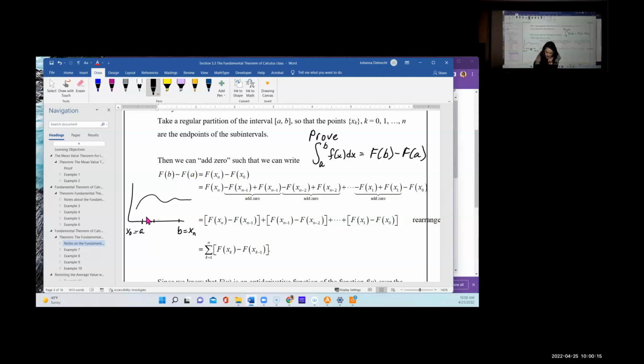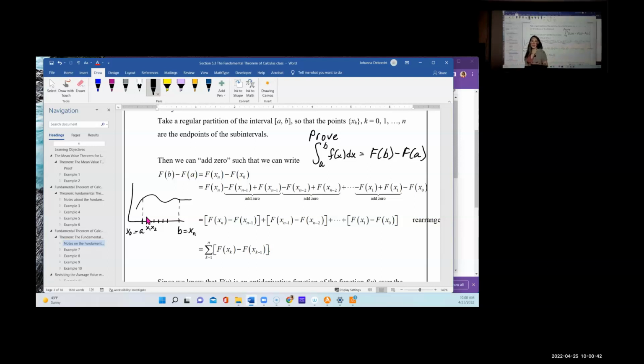And we're dividing this region up into partitions. Remember how we did the Riemann sums? So we have an x1, an x2, an x3, and so on. So we're dividing this region between a and b into partitions. We're going to then have the values of the interim ones added in.